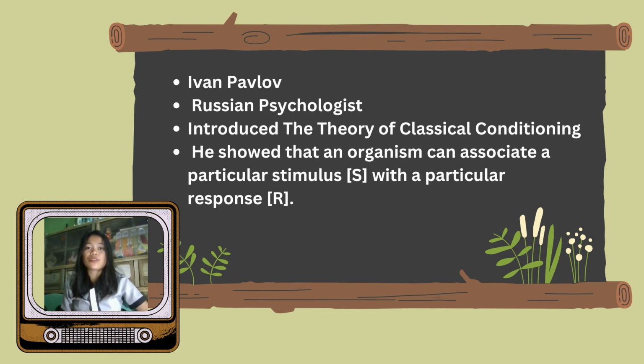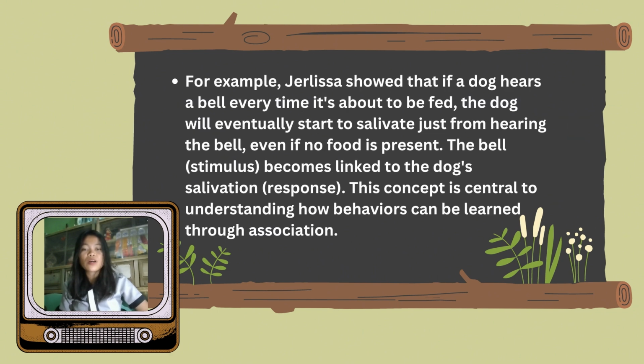Pavlov showed that if a dog hears a bell every time it's about to be fed, the dog will eventually start to salivate just from hearing the bell, even if no food is presented. The bell, or the stimulus, becomes linked to the dog's salivation, or the response. This concept is central to understanding how behaviors can be learned through association.